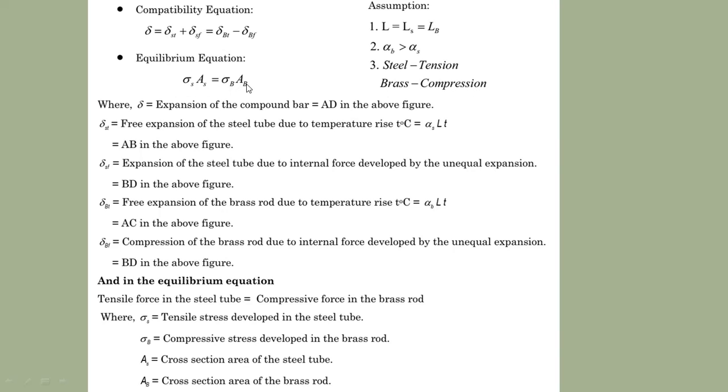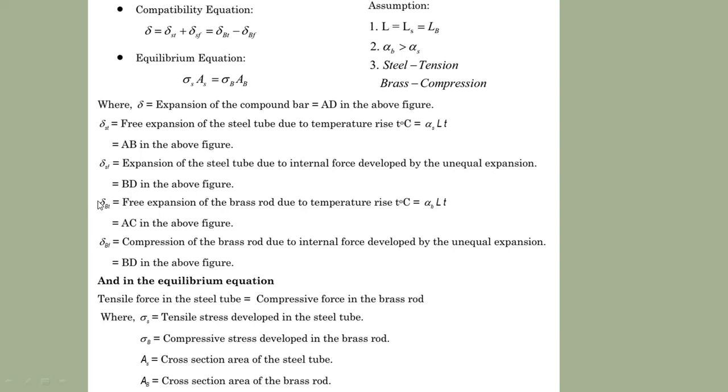Equilibrium equation: sigma S into AS is equal to sigma B into AB. Where delta is the expansion of the compound bar, equal to AD in the above figure. Delta ST is the free expansion of the steel tube due to temperature rise T degrees centigrade, equal to alpha S L into T, equal to AB in the above figure. Delta SF is the expansion of the steel tube due to internal force developed by unequal expansion, equal to BD in the above figure.